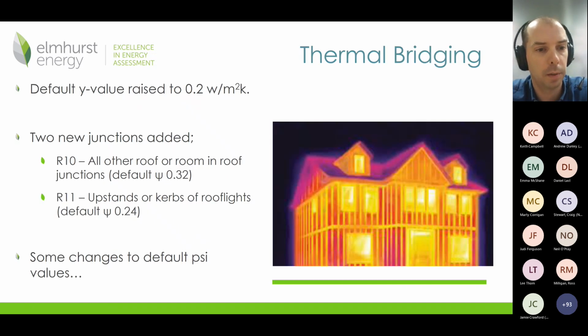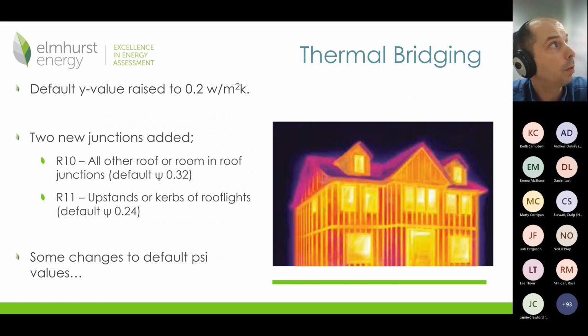Thermal bridging. Again, this is probably a bit more detail for SAP assessors, but the default Y value. So if you have no information at all about the developer's thermal bridging or how they're planning to address it, you have to use a default. Defaults are always poor in SAP. In fact, this one's got even worse. It was 0.15 in SAP 2012. So you really probably won't comply using a default.